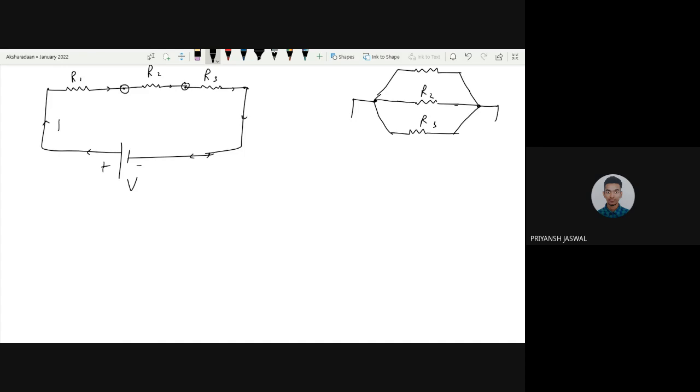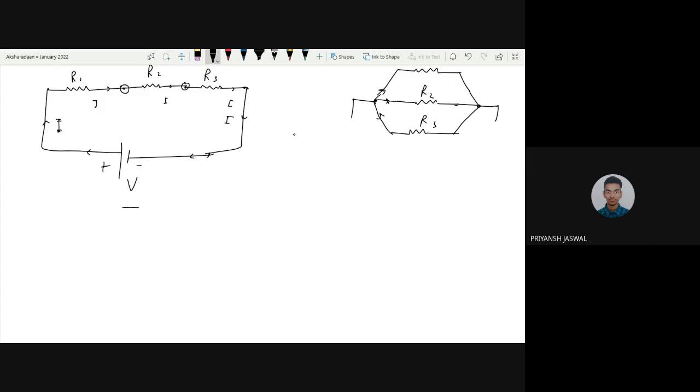So this will be the direction of current. It will remain I throughout the circuit as there is no splitting in wires. Splitting means this circuit here, the parallel one. Here the wire diverges into three channels, you can say. So here the current is the same through the circuit.